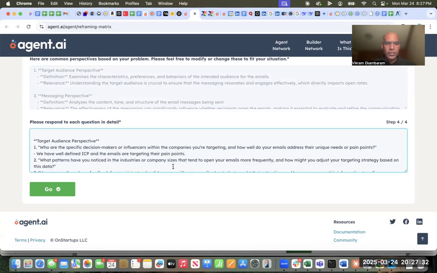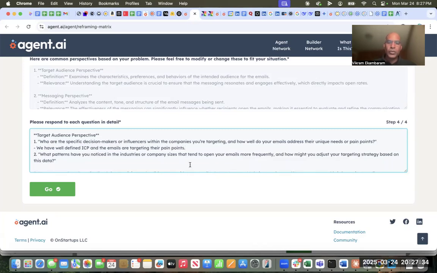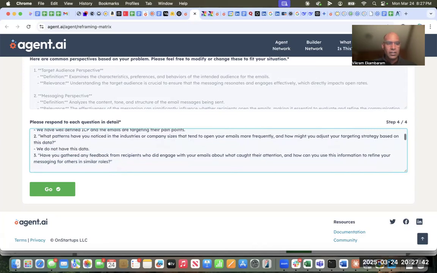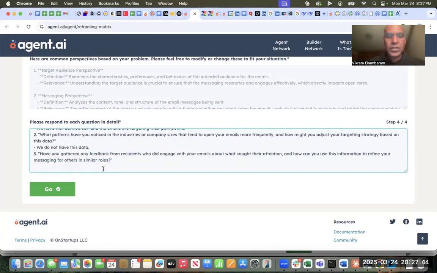What patterns have you noticed in the industry or the company that tend to open emails frequently? And how might you adjust based on this particular data? I can say we do not have this data. Do you get enough feedback from recipients about what caught their attention? People typically do not give us this feedback.